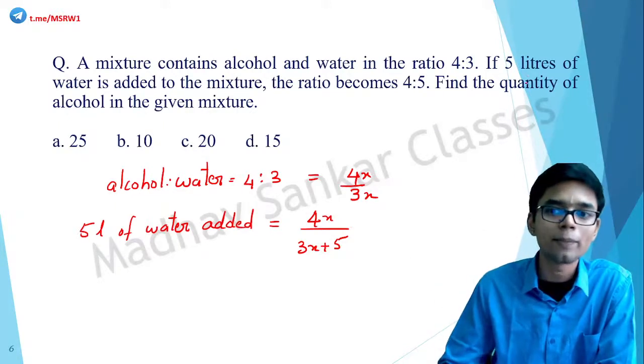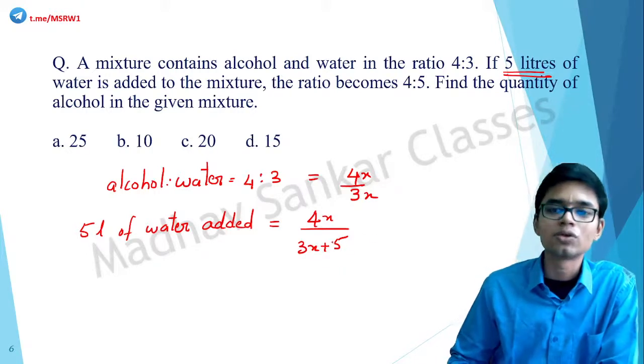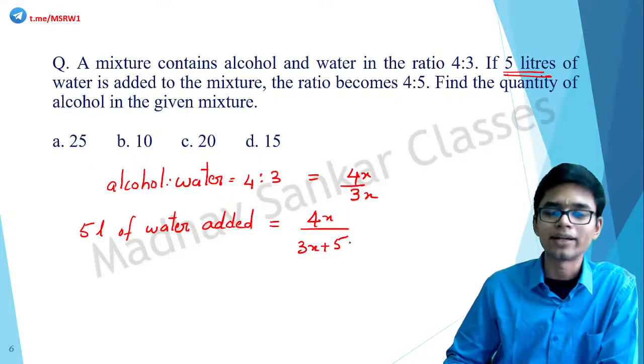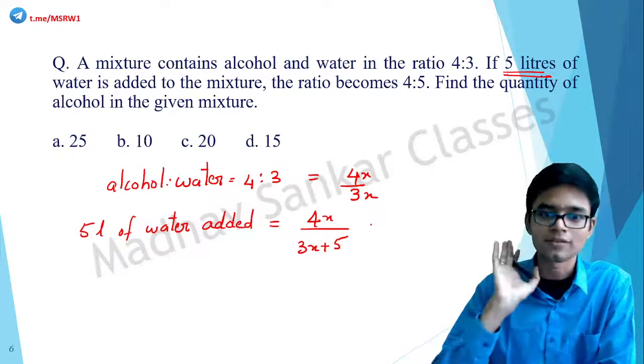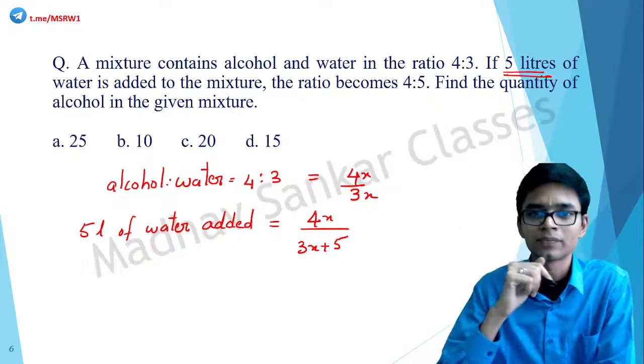So here it is not parts. It's clearly given as liters. That is why I did not put x here. Otherwise, I would have written 5x. Got it? So since it's given as liters and not exactly as parts, I'm writing 5 as a constant. So the fraction becomes 4x by 3x plus 5.